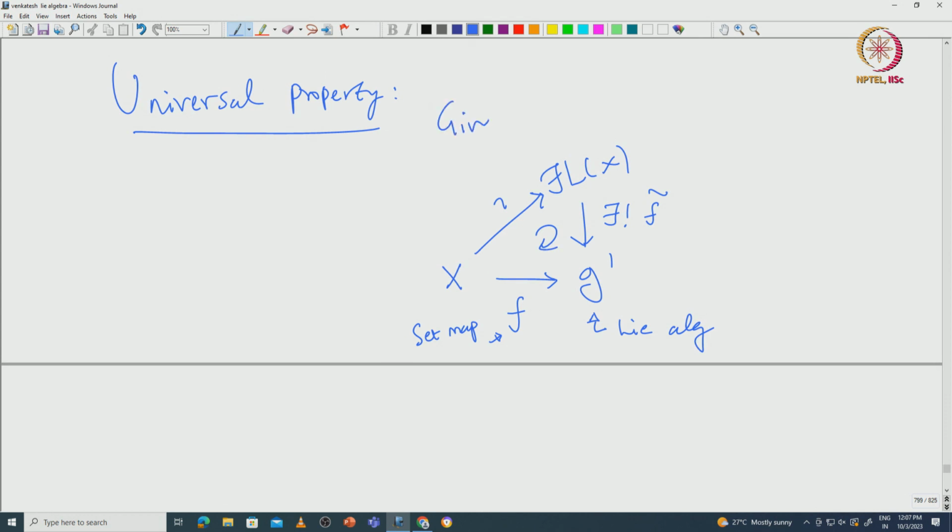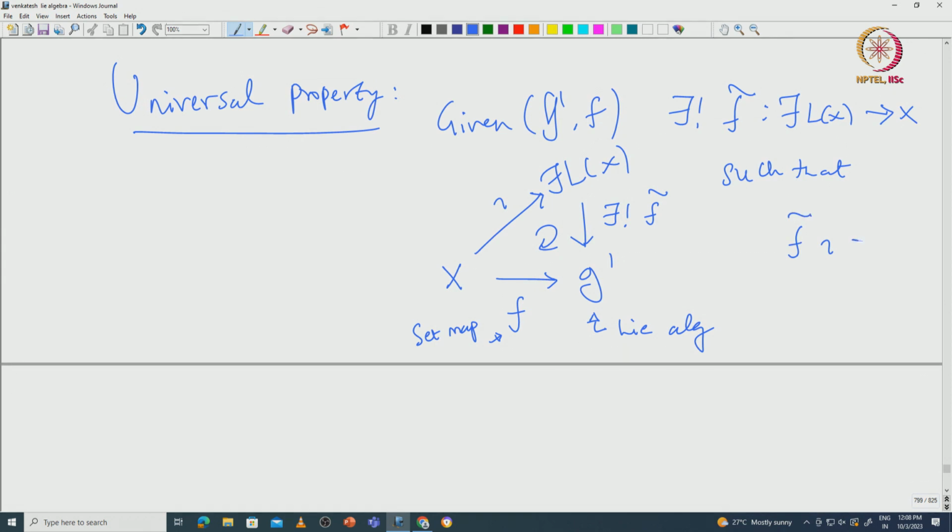Given this f, you should have a unique extension such that this commutes. Given g dash and f, there exists a unique f tilde from FL of x to g dash such that the following diagram commutes. What is the meaning of that? You first apply iota and then f tilde, and that should be equal to f.